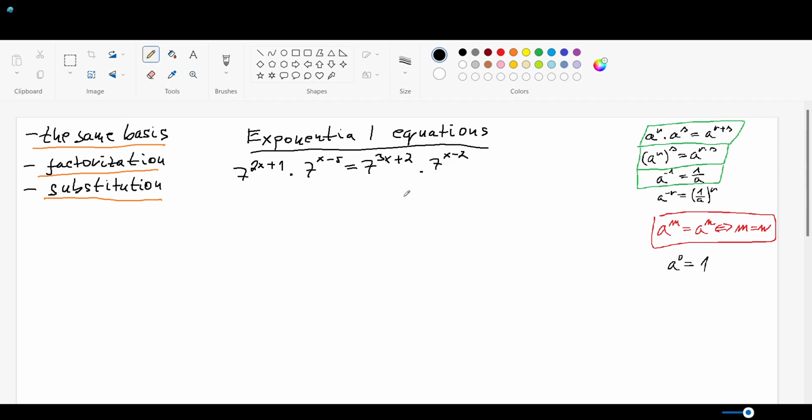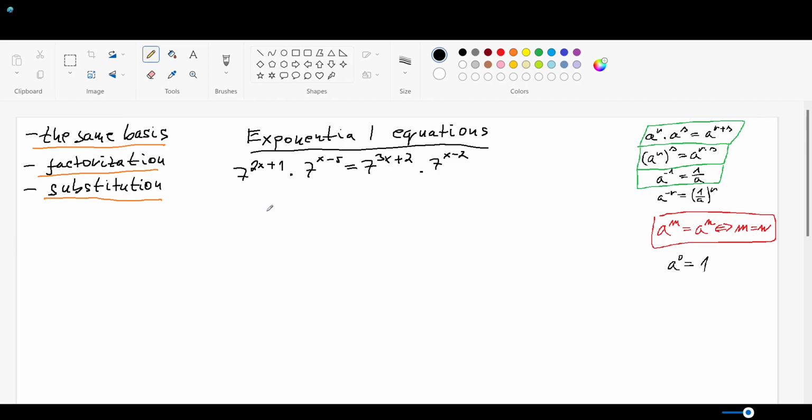Now we want to rearrange the equation so that it will be in this form. The easiest way to do it, and in this case we will use this formula or fact: when we have the same base to the power of different exponents and we multiply them, we can simplify it to the same base with the addition of the exponents.